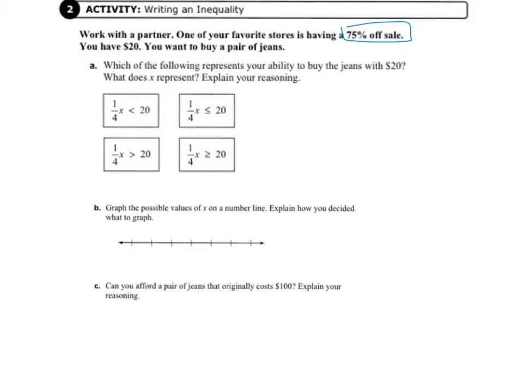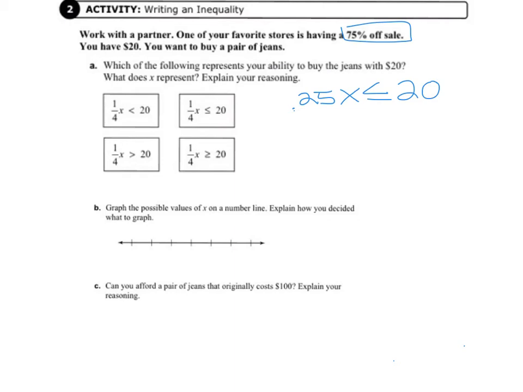So we know from our work with percentages that since it's a 75% off sale, that we are paying 25% of the price of the pair of jeans. And that means that we want to pay 25% times the price of the jeans, and we want to spend less than or equal to our $20.